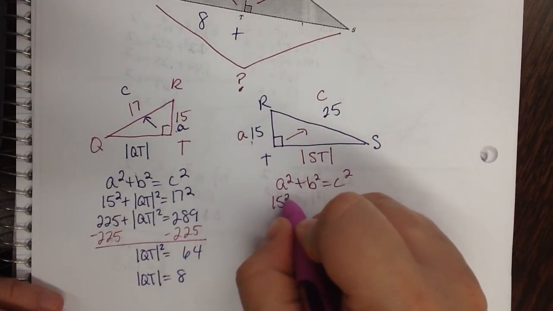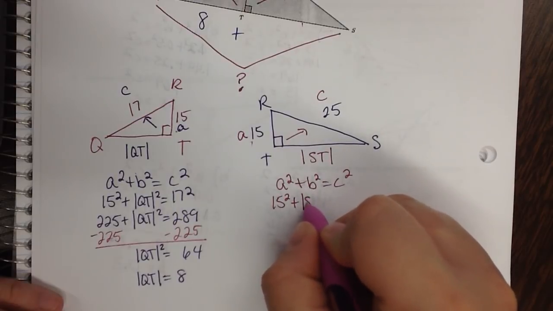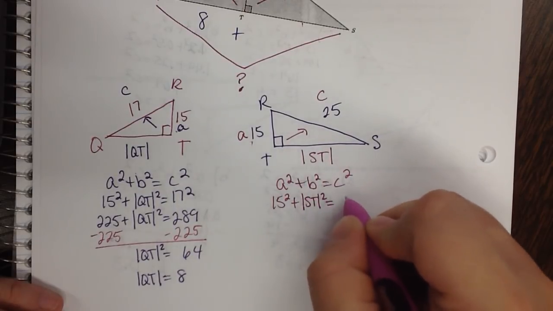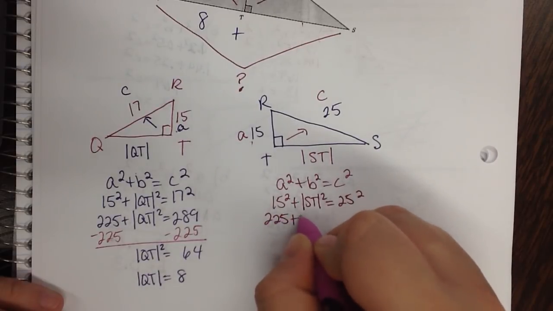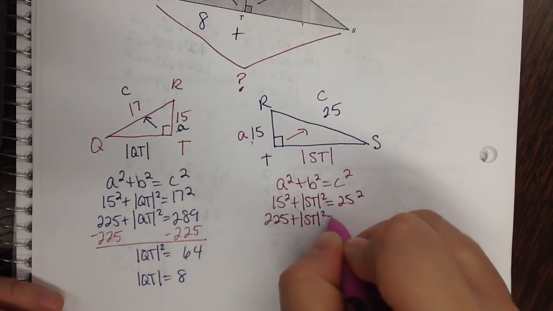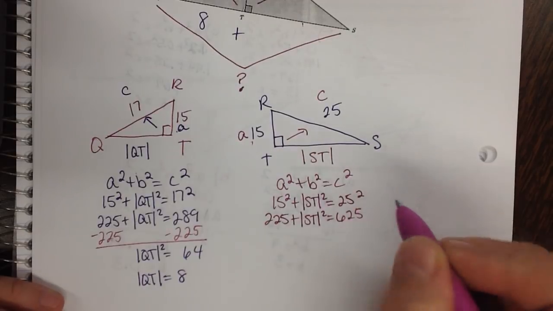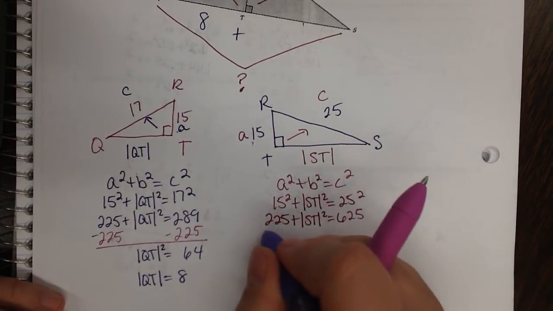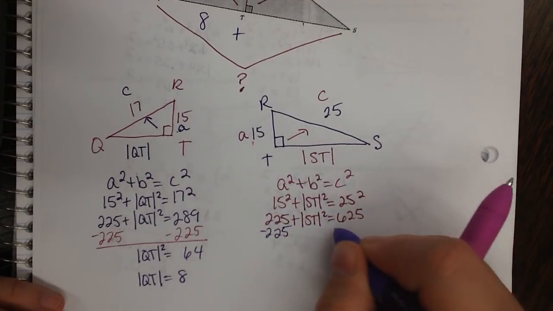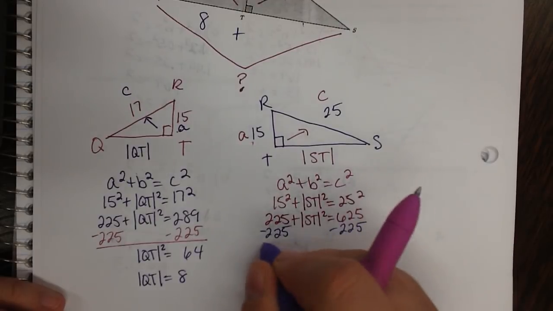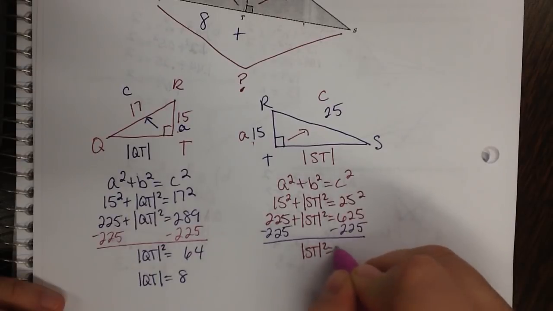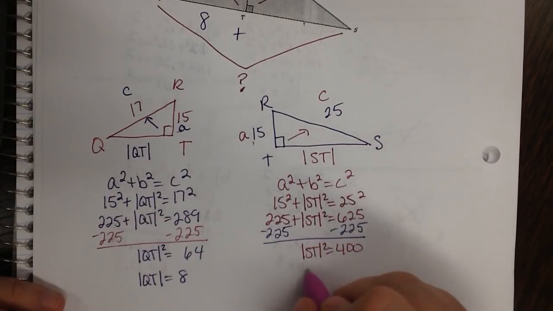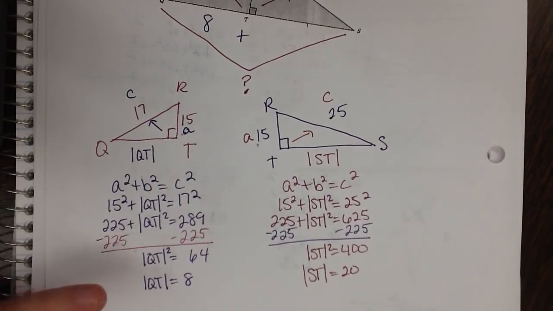So 15 squared plus the distance from S to T squared equals 25 squared. So 225 plus the distance from S to T squared equals 625. We subtract 225 from the left and 225 from the right. So the distance from S to T squared is 400. So the distance from S to T is 20.